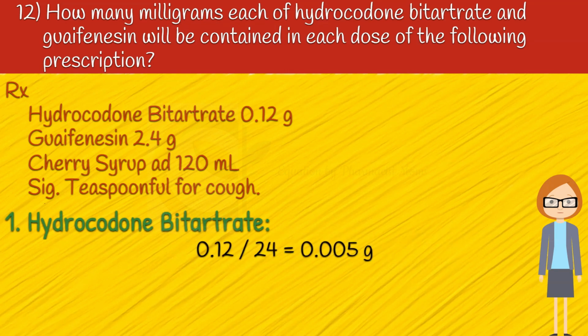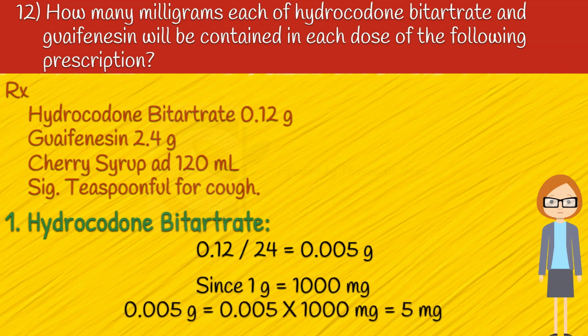Let's calculate the milligrams of hydrocodone bitartrate contained in each dose by dividing the amount of hydrocodone bitartrate by the number of doses. Now, we need to convert grams into milligrams. Since 1 gram is equal to 1000 milligrams, 0.005 grams is equal to 5 milligrams.